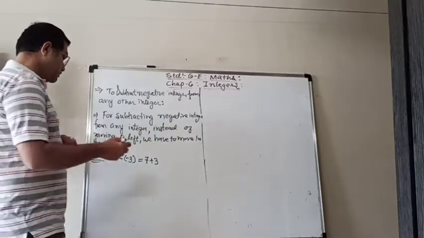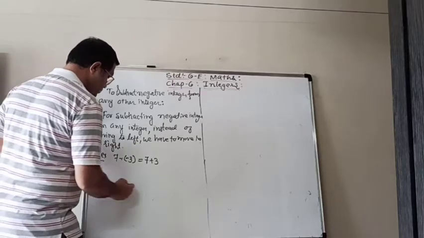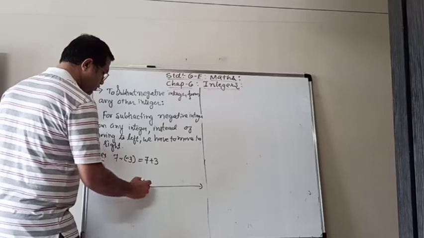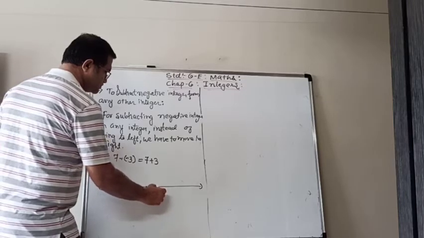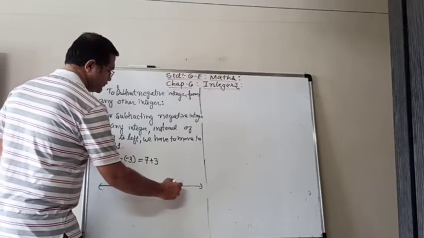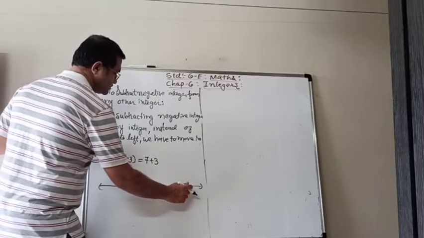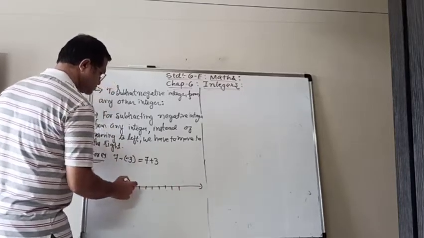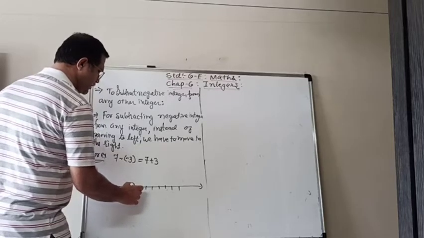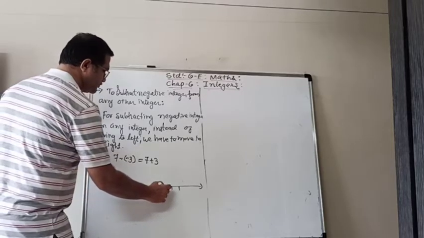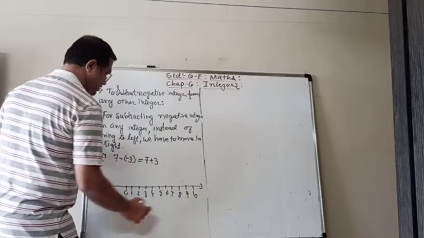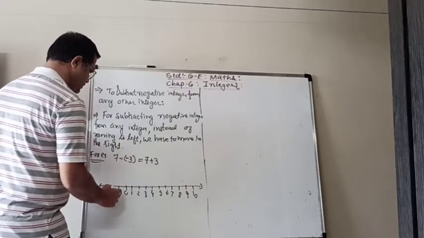So here, on the number line, 0, 1, 2, 3, 4, 5, 6, 7, 8, 9, 10, and minus 1, minus 2.